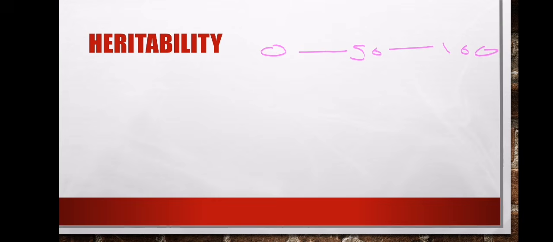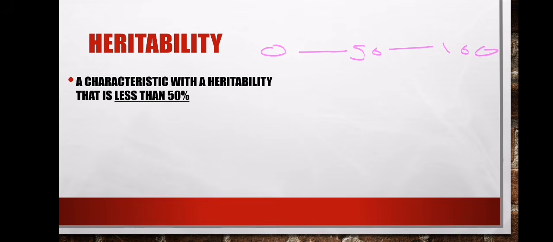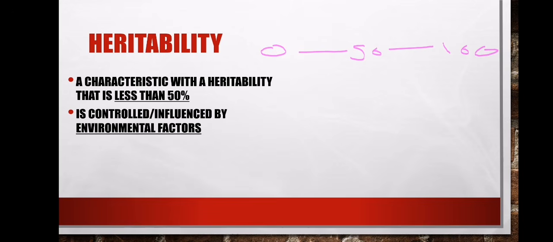So I want me and you now to look at what happens to the characteristic that is less than 50% and what happens to the characteristic that is more than 50%. When we talk about heritability, we say a characteristic with a heritability that is less than 50% is influenced by environmental factors.